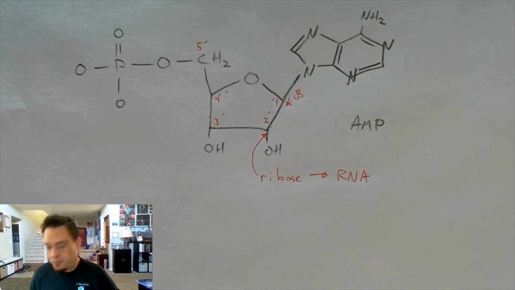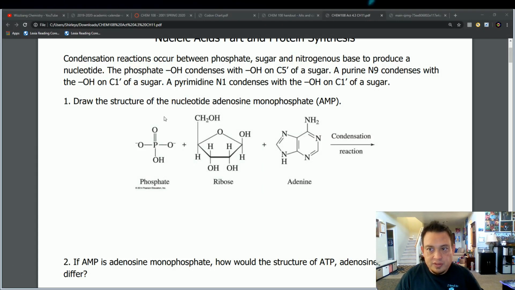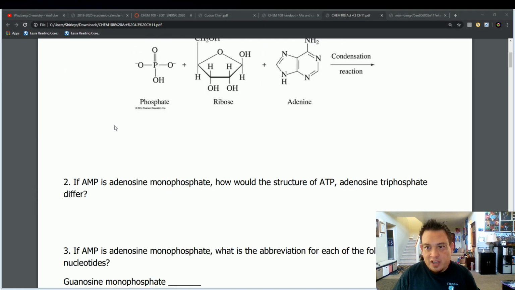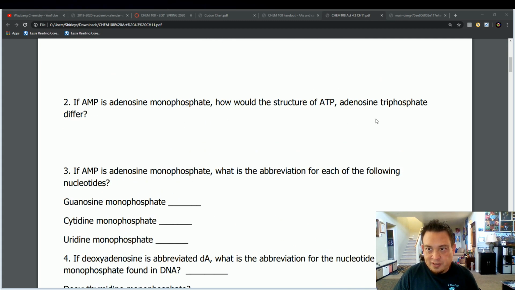All right, the next question is asking you about the adenosine triphosphate. How is this different? We have 3 phosphate groups.